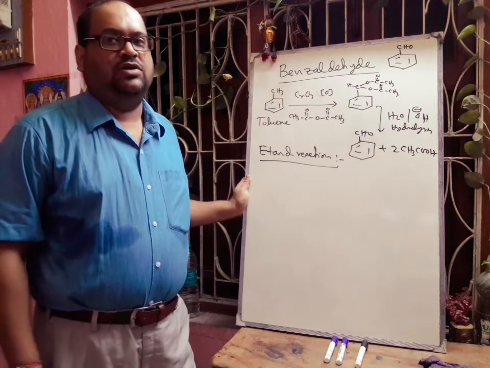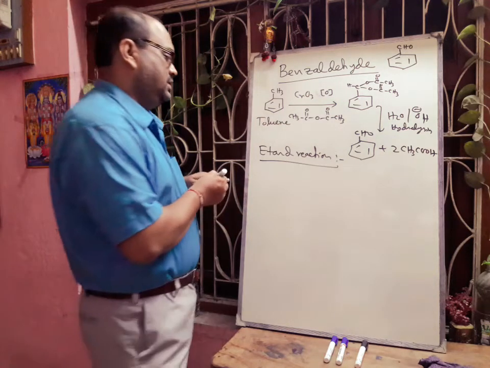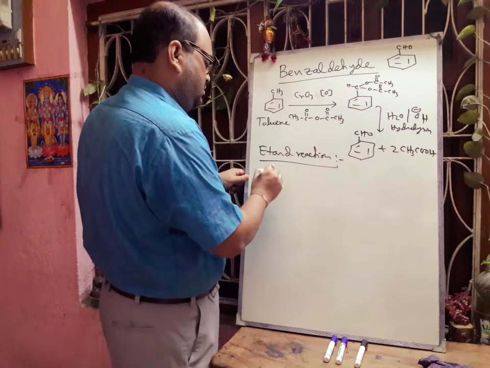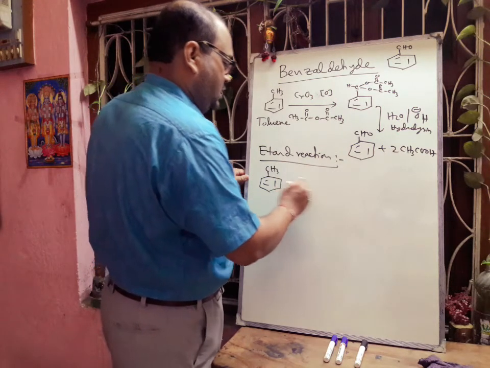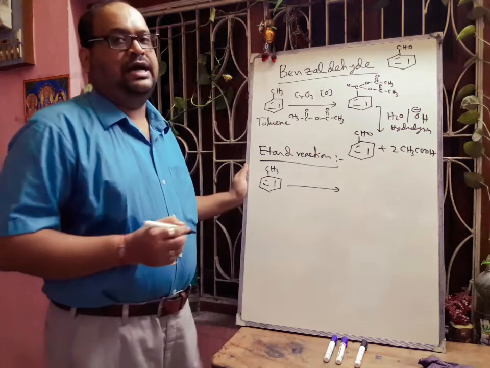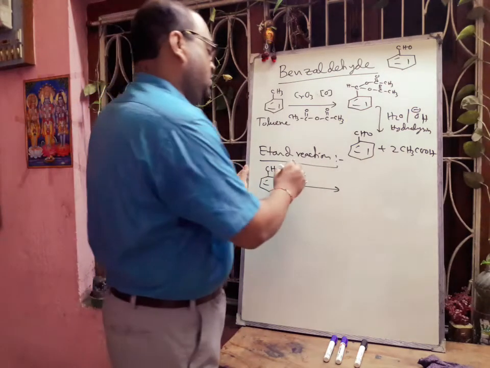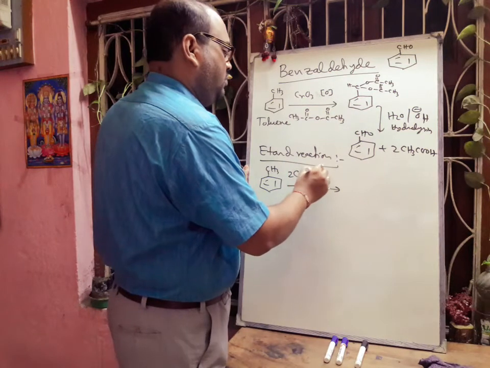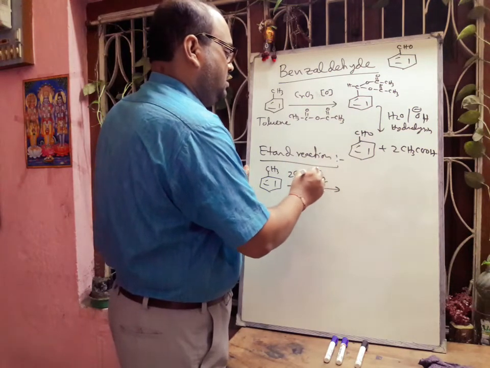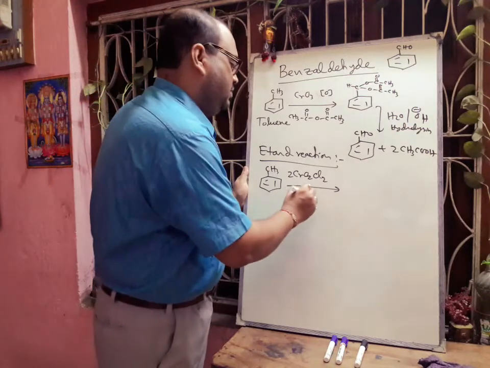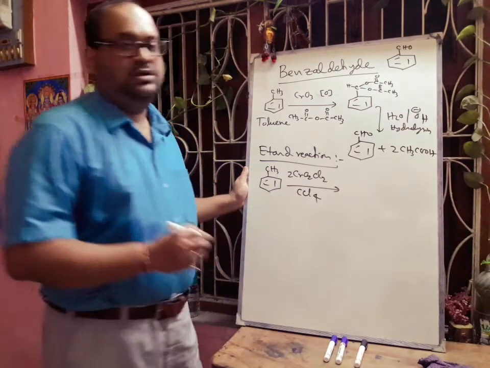So here we start from toluene and we give the Etard reagent, that is CrO2Cl2 in CCl4, carbon tetrachloride solvent.